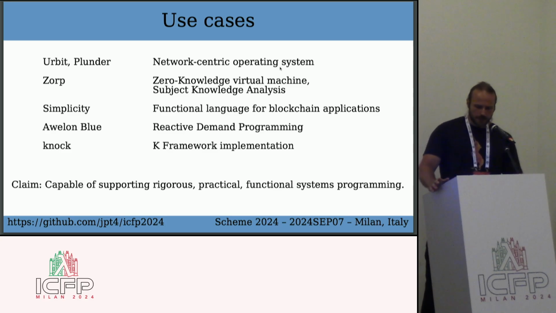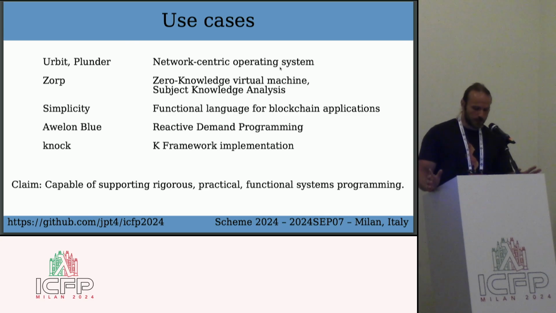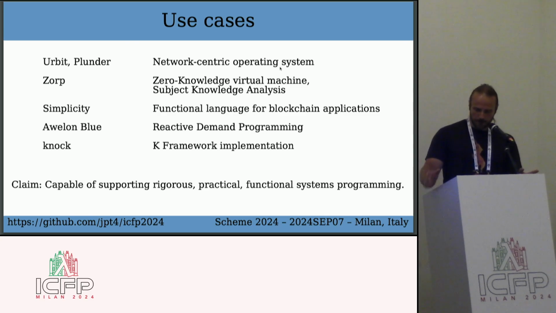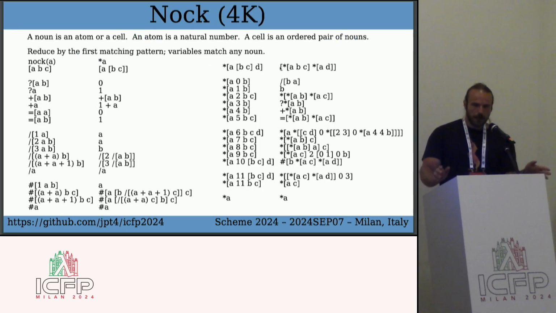But independent of whether it is capable of supporting rigorous practical functional systems programming, there is the question of whether this spec, which is given in a combination of natural language and pseudocode, can be faithfully transferred into implementations which can work in rigorous environments like blockchain, like zero-knowledge proofs, like a functional operating system.